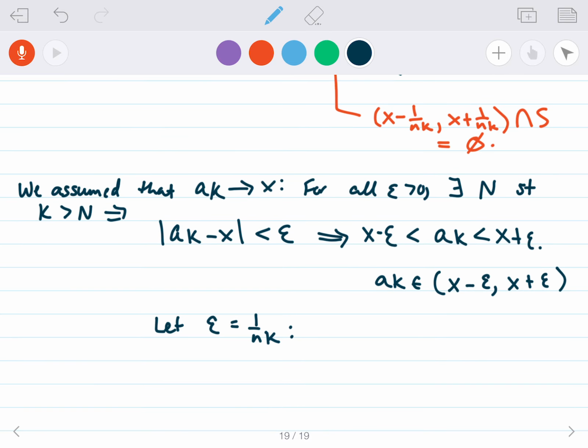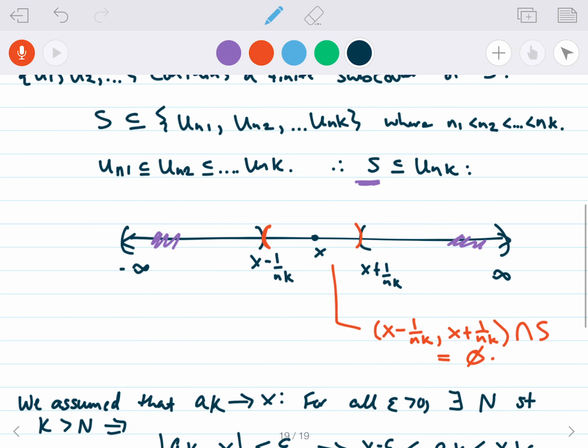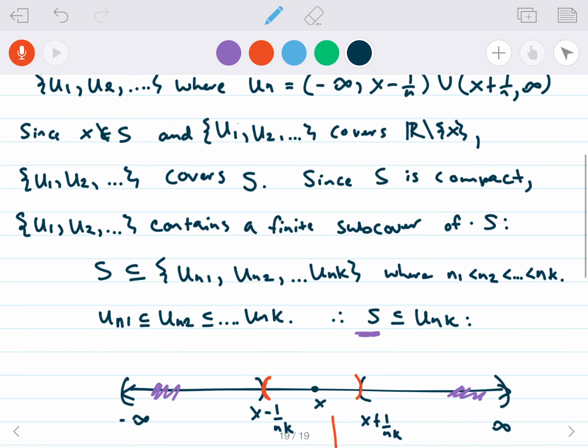We have that a_k is going to be in (x minus 1 over nk, x plus 1 over nk), but we said that all of these terms in our sequence are in S. And so that's the issue here, right?